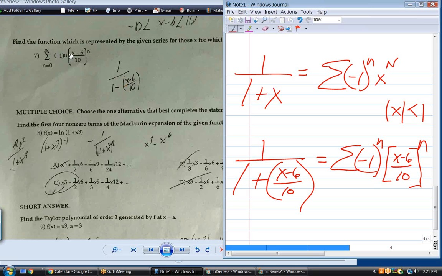An alternating geometric series does not give you 1 over 1 minus whatever's inside the parentheses. It gives you 1 over 1 plus. In other words, change that minus to a plus, and now what you're doing is essentially writing that function, only instead of x, we have x minus 6 over 10.